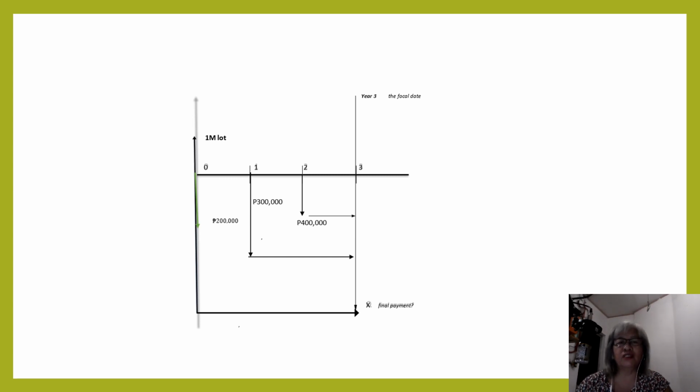The second payment of 300,000 after 1 year, we will determine its worth after 2 years more. The third payment of 400,000 after 2 years, we will determine its worth after 1 year. And the final amount, X.